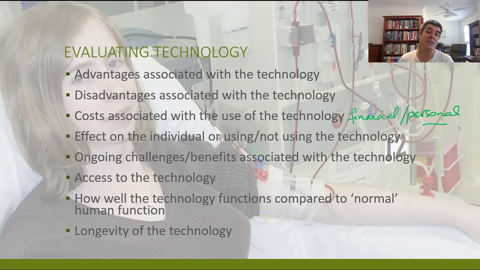How well does the technology function compared to normal human function, and what's the longevity of this technology? Obviously, this is going to differ depending on whether you're talking about something that's an installation, like a cochlear implant, or a process like dialysis that you can kind of see in the back of this slide here.